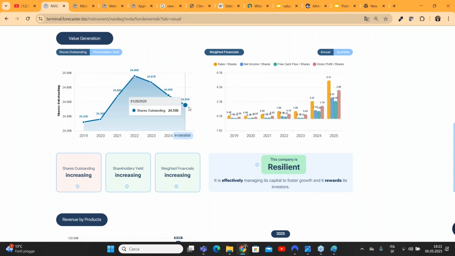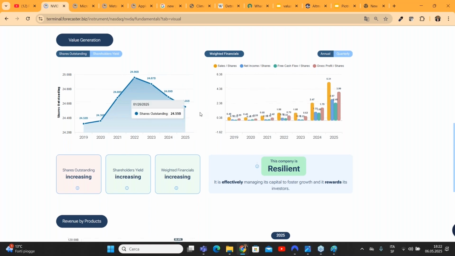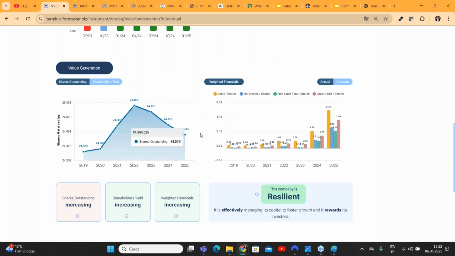Very important, because this is the number of shares that are on the market. And if the number decreases, it's something really good for us investors, because the intrinsic value of all the other shares that remain on the market tends to grow.